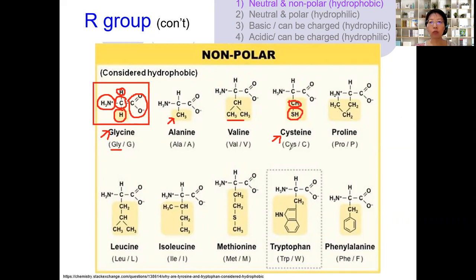Okay, this you need to remember. The rest no need to remember. Just know that they are all hydrocarbon here, right? These are all hydrocarbon, or the benzene ring. This is called the benzene ring. It's a hydrocarbon ring with double bonds in it. So these are non-polar R groups.